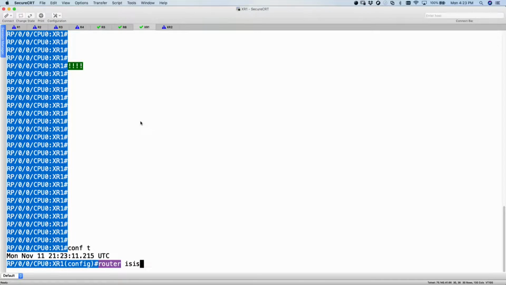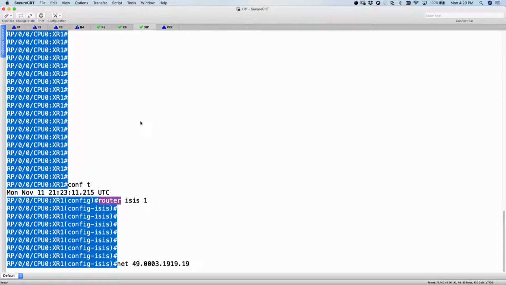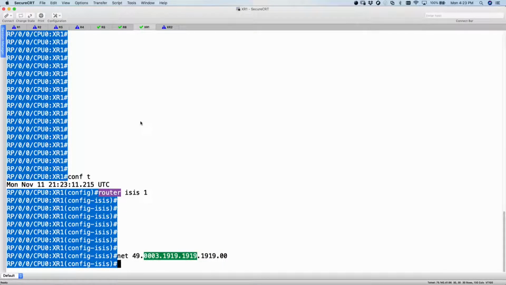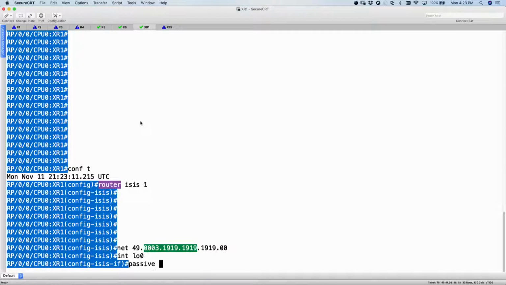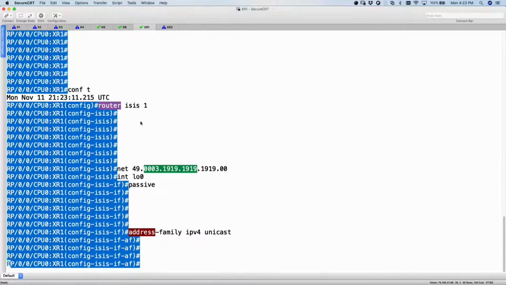So router ISIS 1, and here I'll keep my IS type default, which is level 1, level 2. All I would give is the net statement 49.0003.1919.1919.1919.00. And next I would say interface loopback 0 passive, and also activate address family IPv4 unicast.